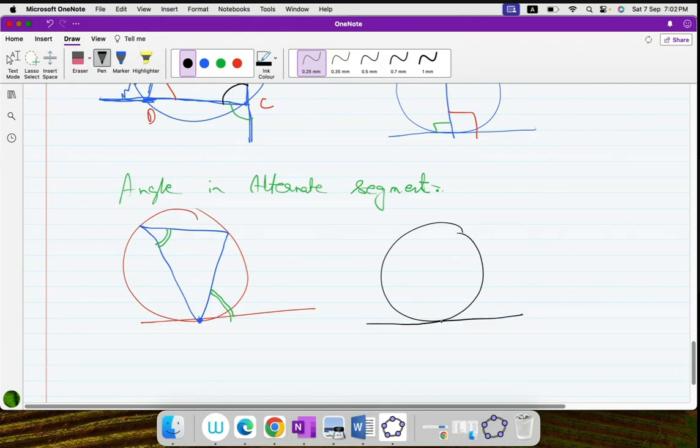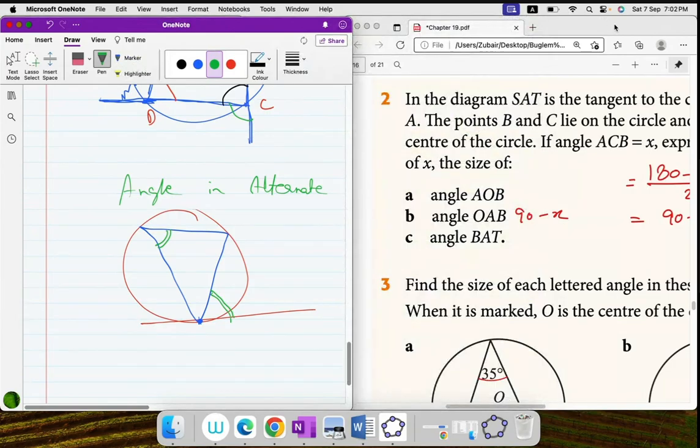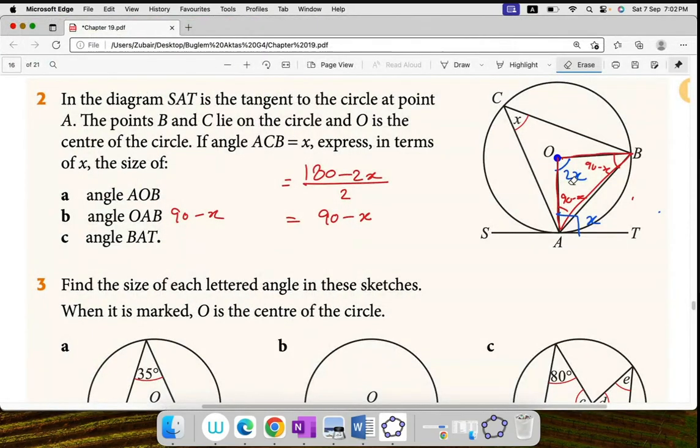This is the tangent at the point of tangency, no matter what the shape of the triangle is. This blue angle equals this one, the other in green equals this one. So if you just notice this and the triangle, x equals x, angle in alternate segment.